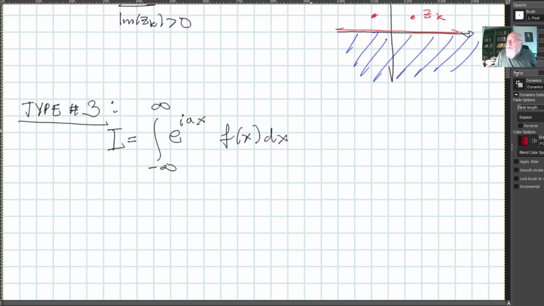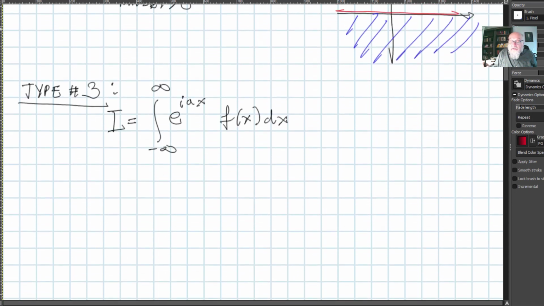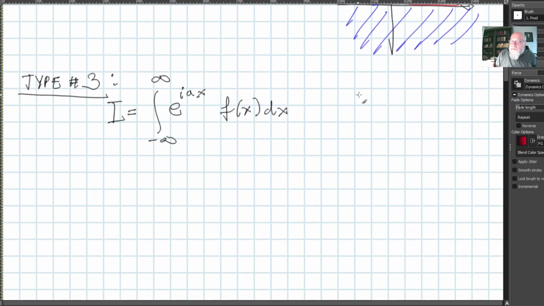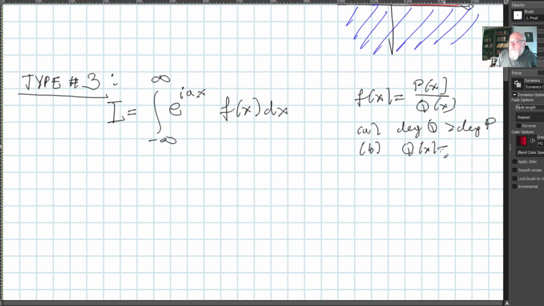Here f of x is again a rational function, p of x divided by q of x, with the assumption that the degree of q is larger than the degree of p. B is as before, q of x is not equal to 0, and C is that a is positive. So those are our assumptions.